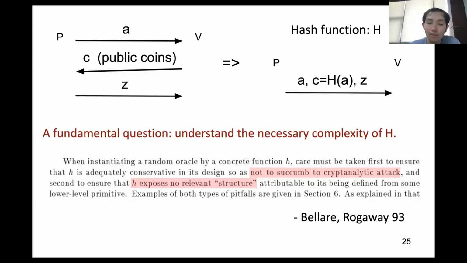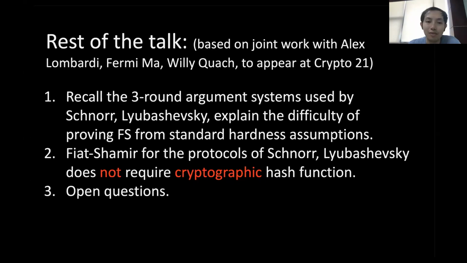In the rest of the talk, I'm going to tell you our new result with Alex and Willie, about some small observations on applying Fiat-Shamir to some specific protocols. The surprising part is that if you want Fiat-Shamir for Schnorr's or Lyubashevsky's protocol, it actually does not require a cryptographic hash function.